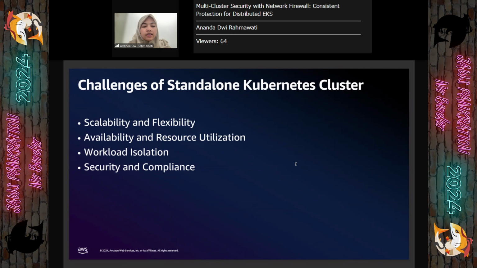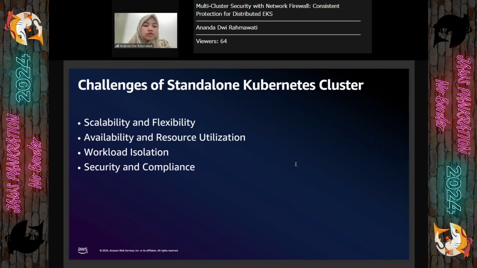The second one is availability and resource utilization. When we are deploying a node group, we know there is a limitation: per node group, the maximum is 100 EC2 VMs.